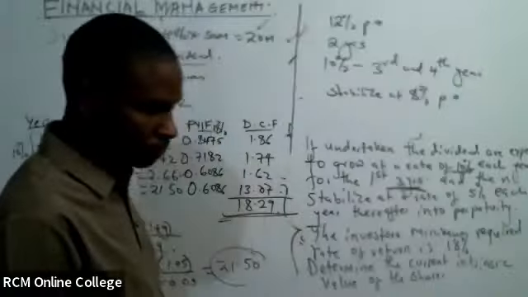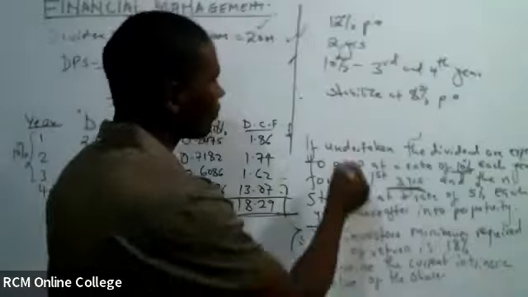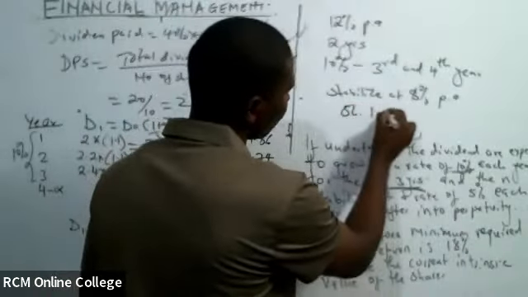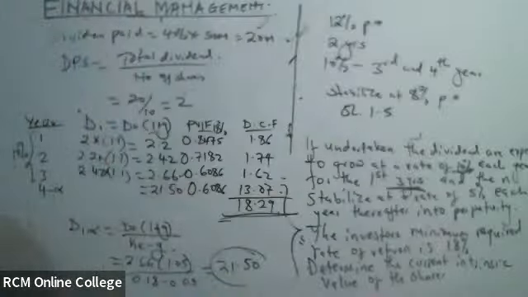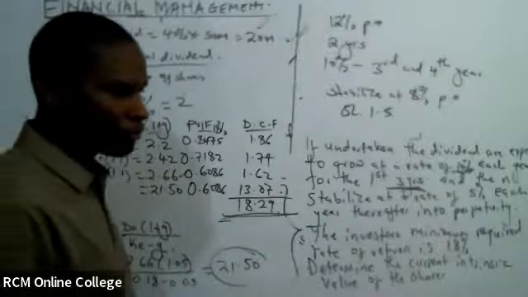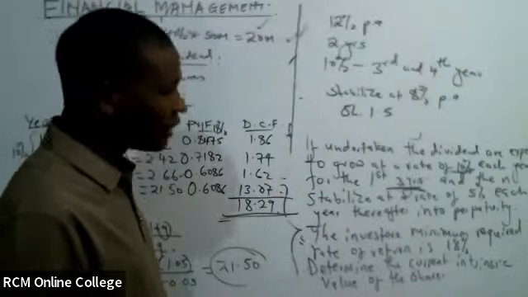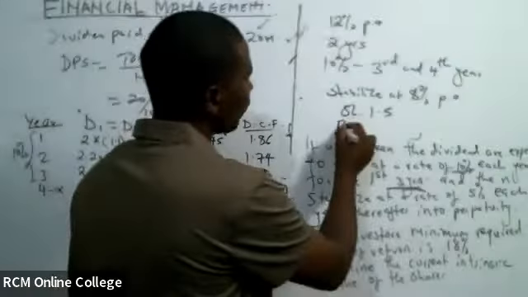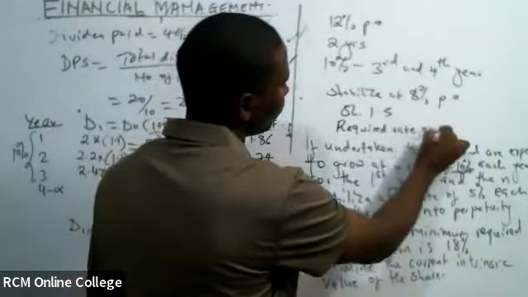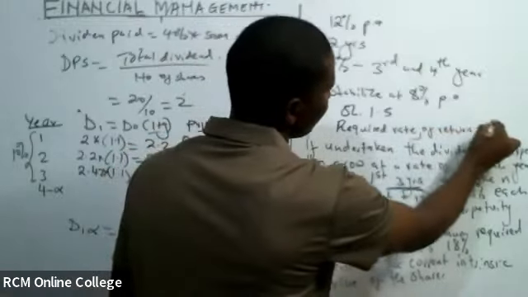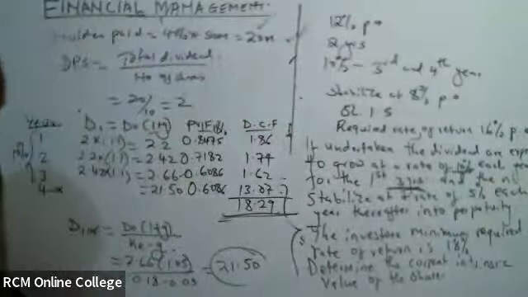I'll repeat it. The company has just paid a dividend of 1.5 shillings per share, and the investor's required rate of return is 16% per annum.